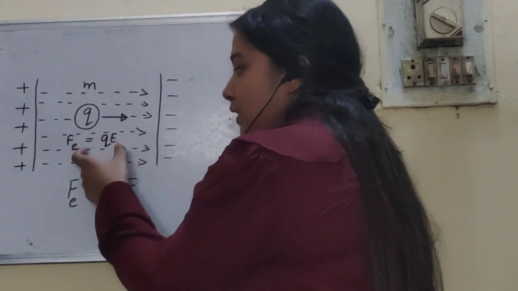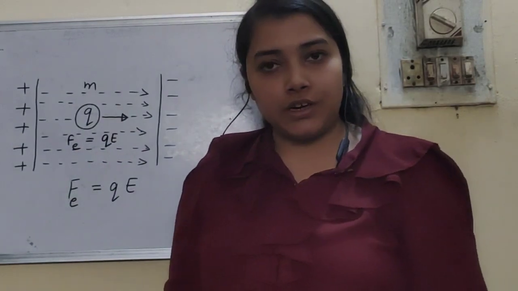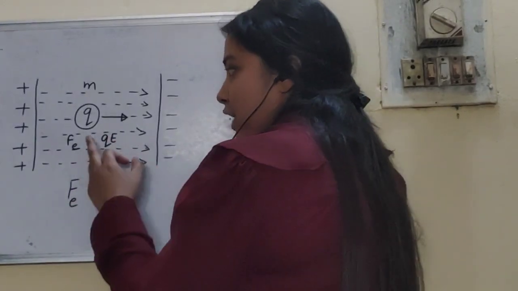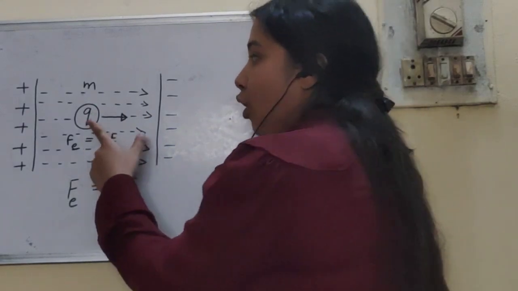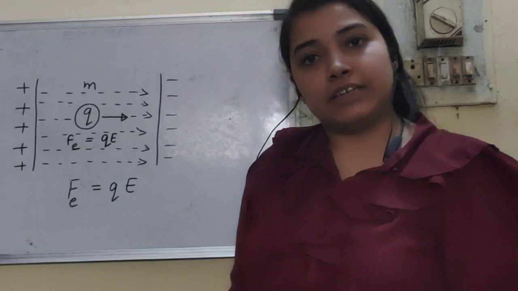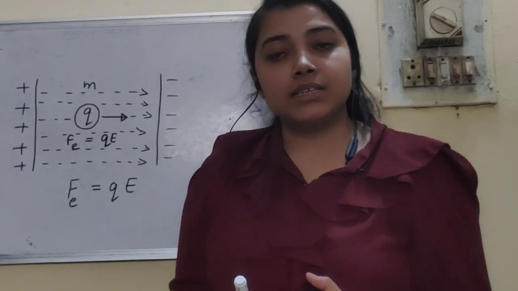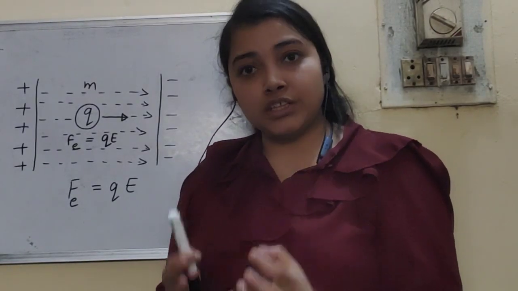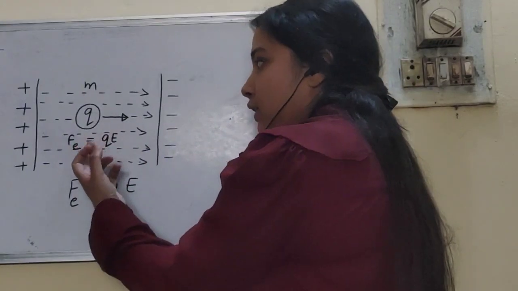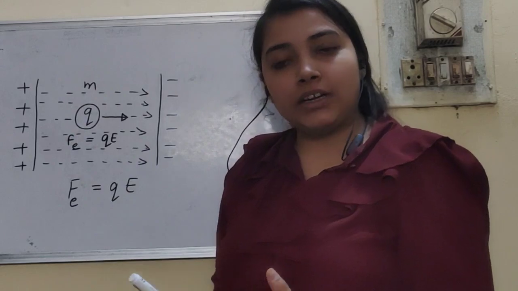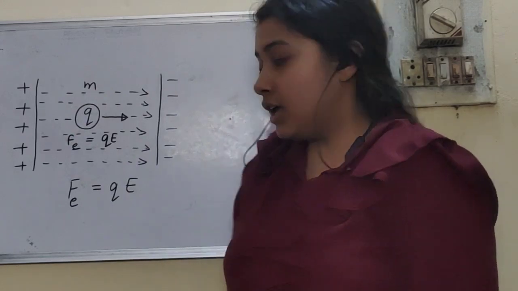Now this charged particle is present in an electric field. When a charged particle having positive charge is present in the electric field, it will always be attracted towards the negative charge. It experiences an electric force which will try to attract the charged particle towards the negative charge, and the charged particle will start accelerating.